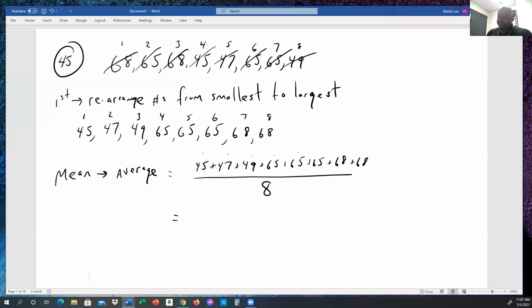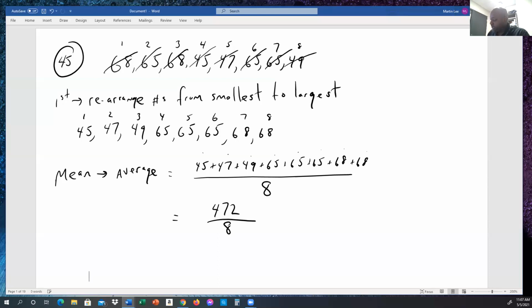Now get your calculator and let's add 45 plus 47 plus 49 plus 65 plus 65 plus 65 plus 68 plus 68. And that equals 472.